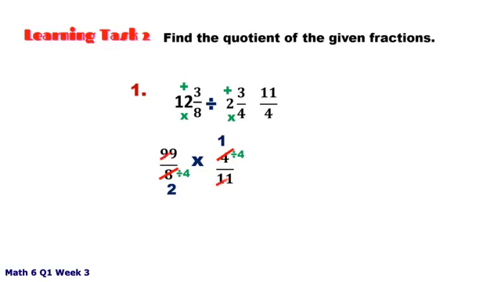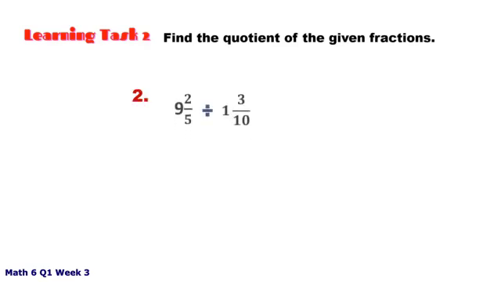For 99 and 11, the common factor is 11. 99 divided by 11 equals 9. 11 divided by 11 equals 1. Then, let's multiply. 9 times 1 equals 9. 2 times 1 equals 2. Change to a mixed number: 4 and 1/2.